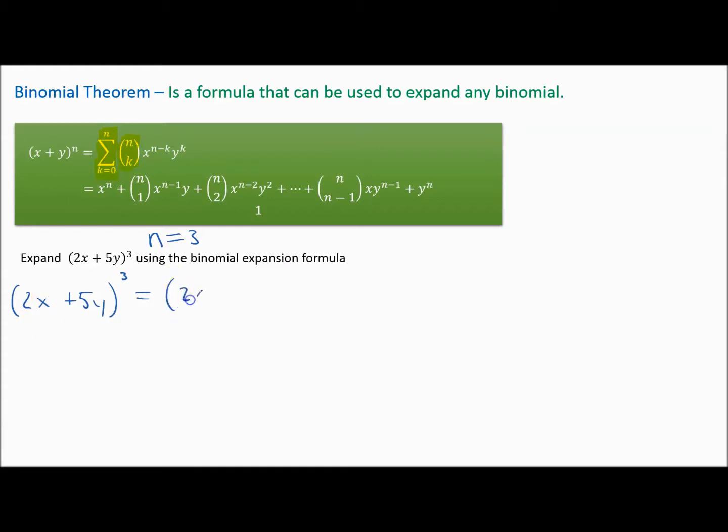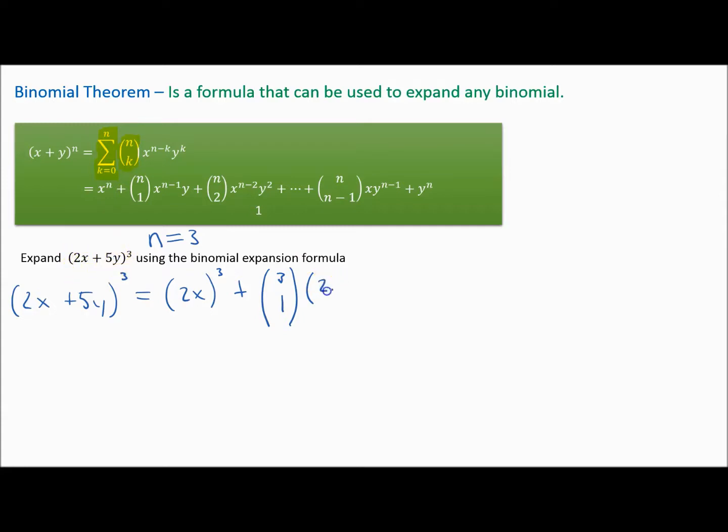So it's going to be 2x to the third plus, now there's our binomial coefficient. You can use Pascal's triangle if you want to, but we're going to use the coefficients as it says. So it's n choose 1, our n is 3, so it's 3 choose 1, and then it says x to the n minus 1. This is where we start going down with our exponents. X means the first one, so this is x right here, and this is 5y to the third.